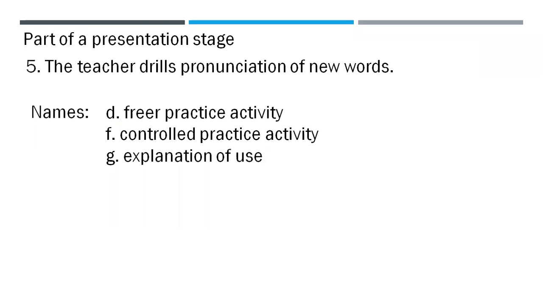Okay. The teacher drills pronunciation of new words. What is it? And that is a controlled practice activity. When you ask the students to repeat in chorus after you, it's very, very controlled, right? It's hard to make a mistake in such kind of activity, although some people do find ways.